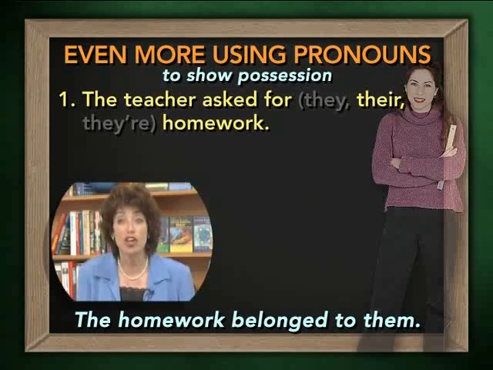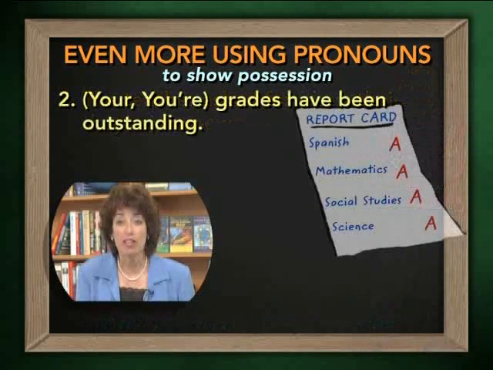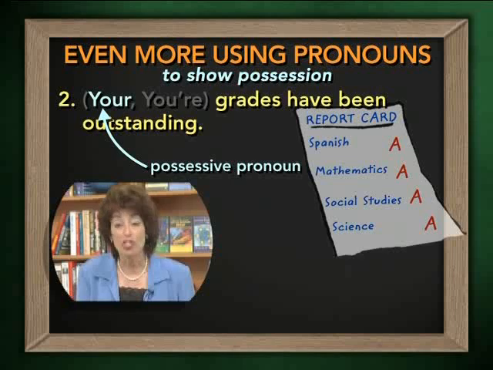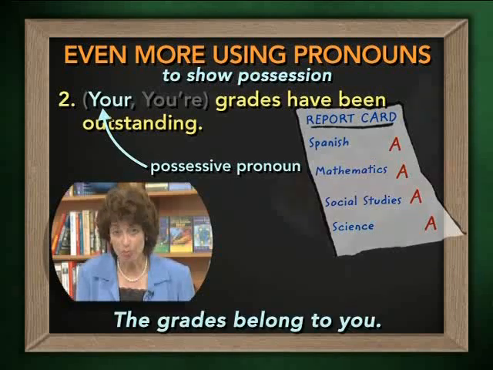So if you say the teacher asked for they, their, and they are homework, you'll hear it more easily. Number two, your, and I'm going to use my trick: you are grades have been outstanding. Well, once I do that, I can hear it. Your grades have been outstanding. I need the possessive pronoun because the grades belong to you.